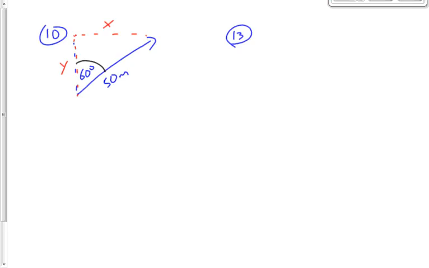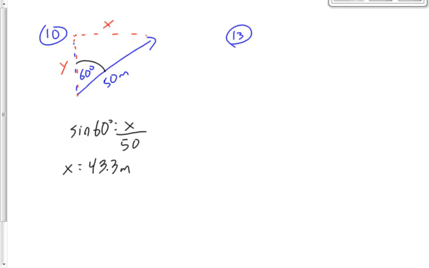So we're going to say for X, sine 60 degrees is equal to opposite over hypotenuse. How do we know to use sine? Because it's opposite and hypotenuse. If it was cosine, it would have to be adjacent and hypotenuse. 50 times sine 60 is going to give me 43.3, I think.